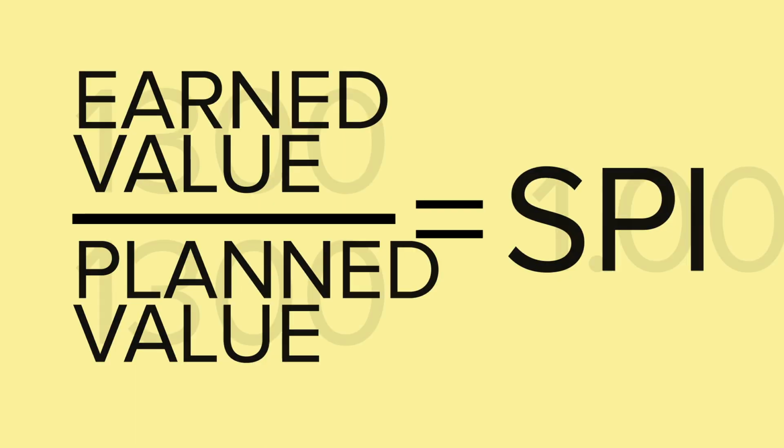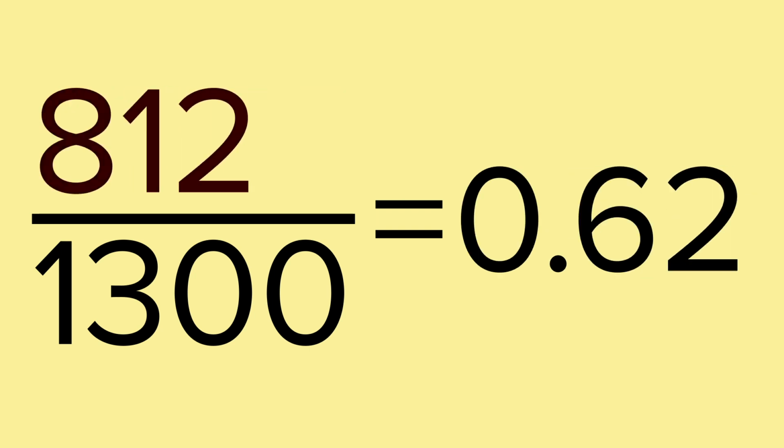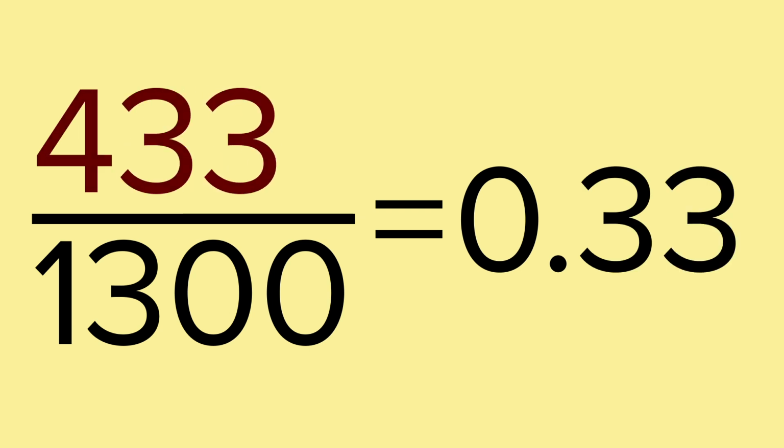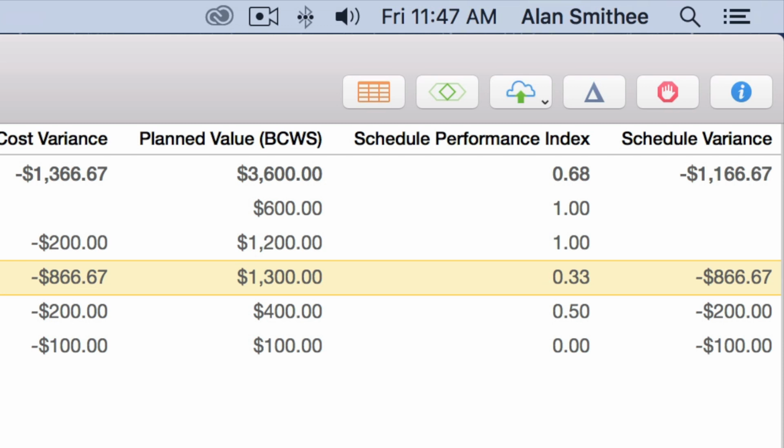The schedule performance index, like the CPI, should be a 1.0 if we're exactly on schedule, and it will be a decimal smaller than 1 if we're behind schedule. Schedule variance is a dollar representation of how far we are from our planned value by subtracting planned value from earned value. A negative number here indicates that we're behind schedule. You can see here that activity C is definitely behind schedule, with an SPI of 0.33.